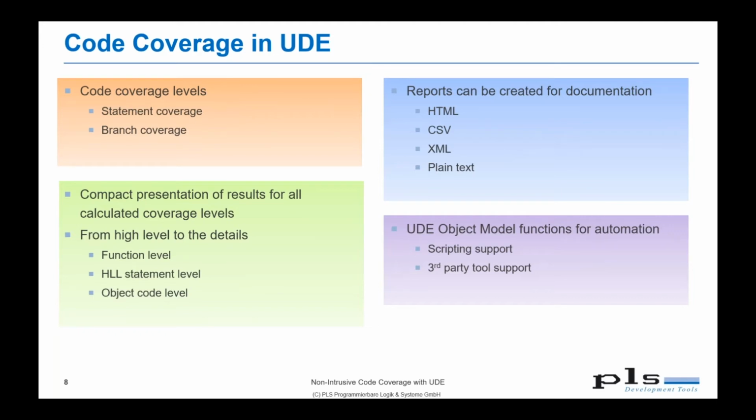The code coverage feature is available as soon as you have licensed the UDE trace feature, which is an add-in. And of course, you have to purchase this in addition to a base debugger license.